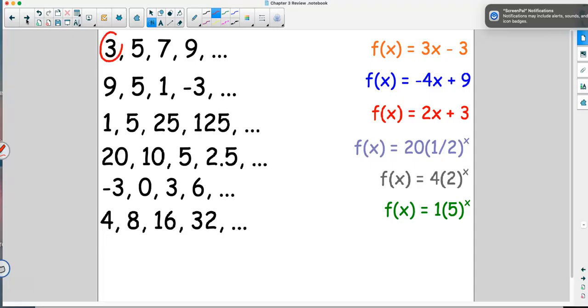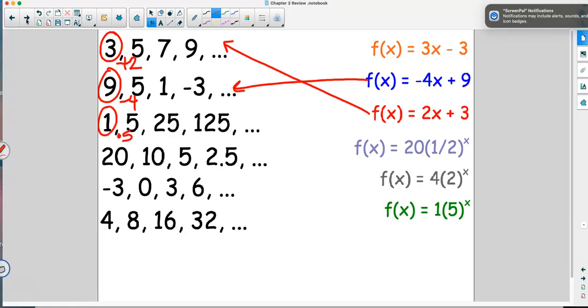And then lastly, how can you match these up? You need to look at the first term in the sequence and what it's going up by. So this is plusing 2. Therefore, this one matches it. This one starts with 9 and it's going down by 4. So the one that starts at 9 and goes down by 4 is this one. This one times by 5 and my first term is 1.